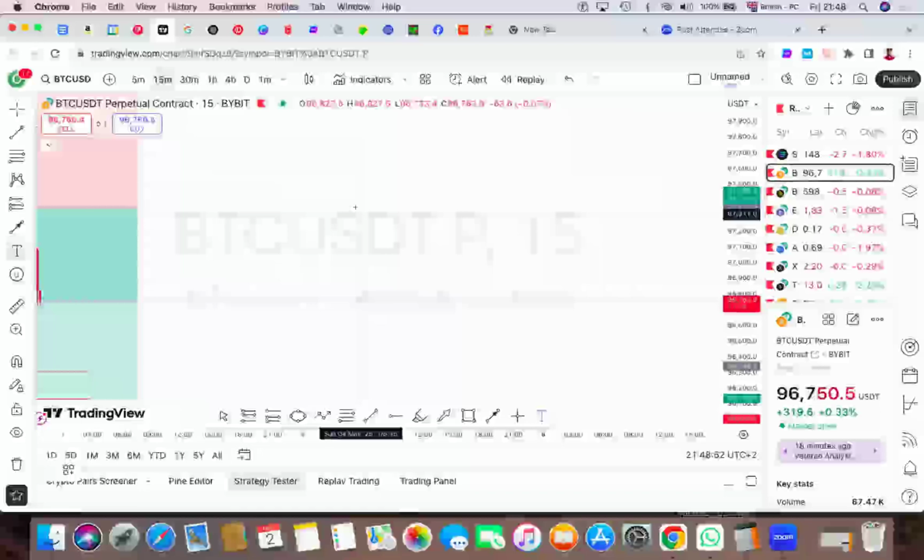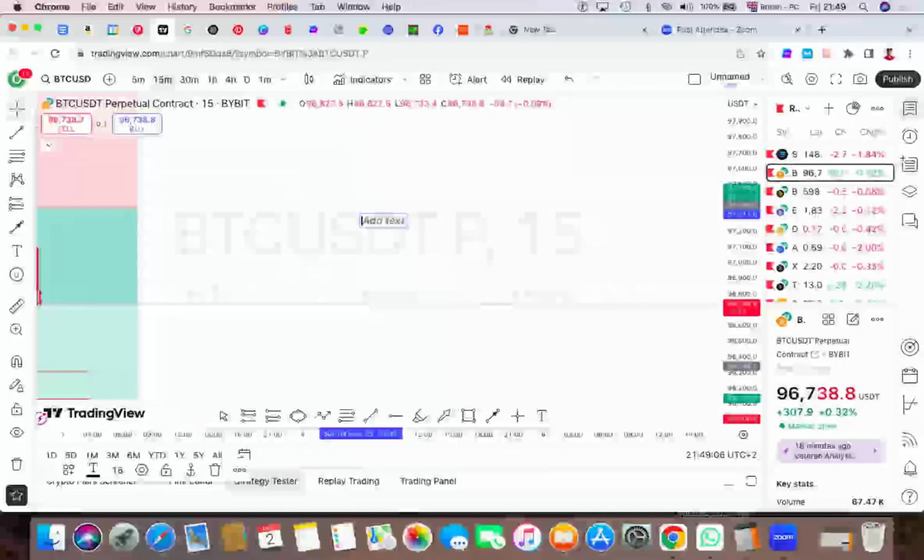Today's topic is order block, or we can use the short term, the trading jargon, OB. It's still the same thing, order block. So you can call it order block or OB.